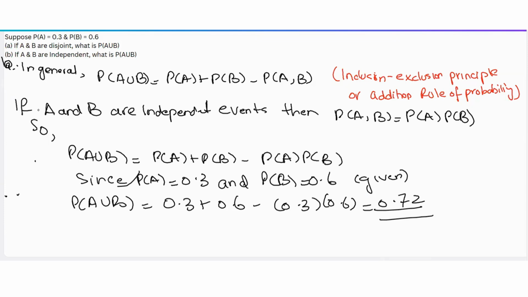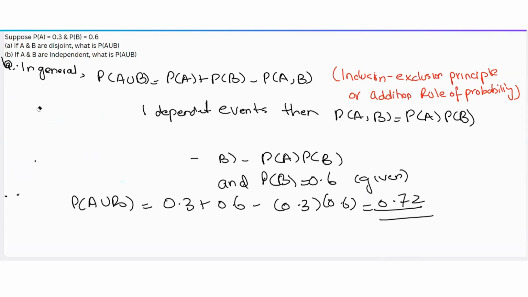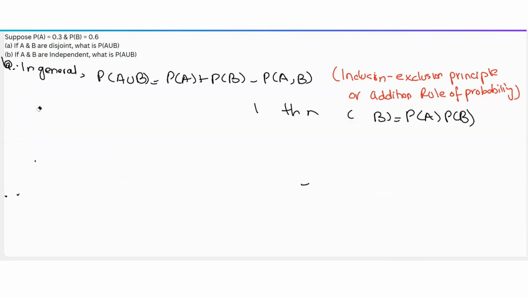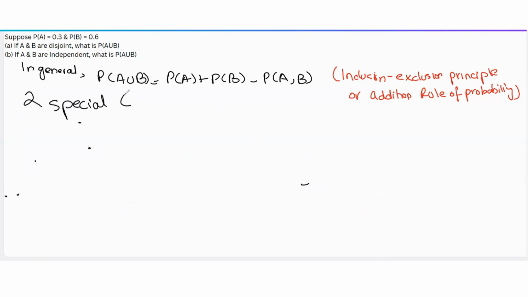What we've learned in this question is that in general, the probability of A union B is the probability of A plus the probability of B minus the probability of A intersection B, given by the inclusion-exclusion principle or the addition rule of probability. This is the general case. Then we looked at two special cases.